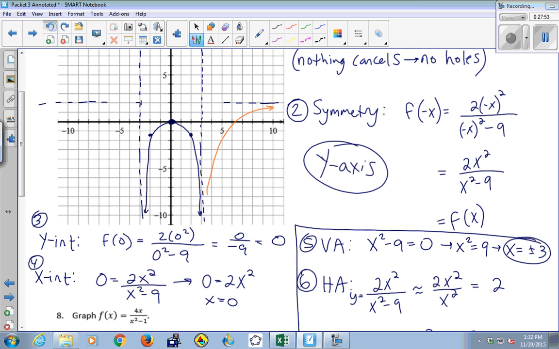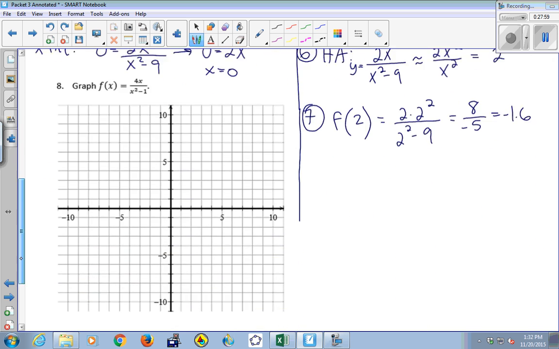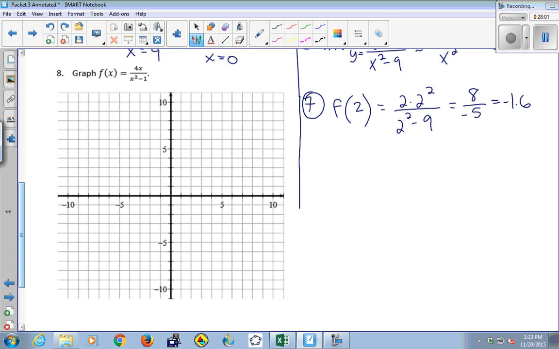So let's plot 1 point. Pick a value bigger than 3. 5. Good. Thank you for not picking too crazy a number. Okay, so I'm going to evaluate f of 5. So I have 2 times 5 squared over 5 squared minus 9. So it's 25 times 2 is 50 over 25 minus 9, which is 16.